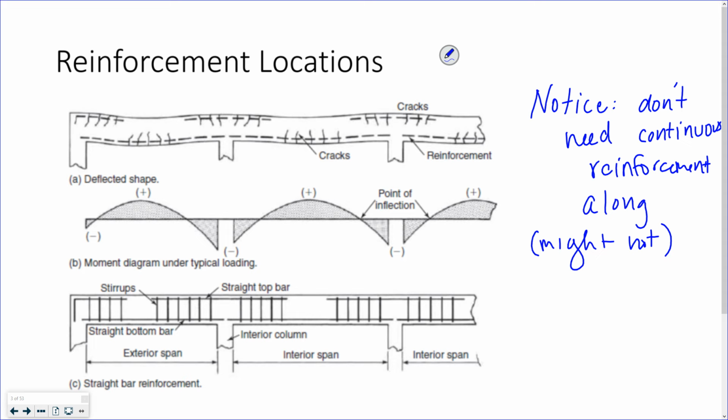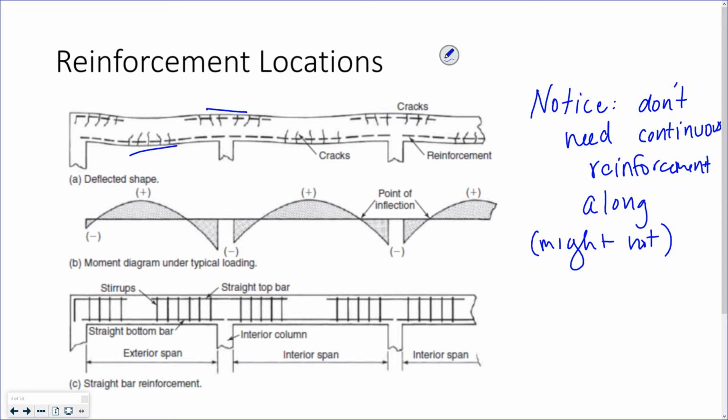So the top, we have our deflected shape. Okay, it's going to crack at midspan in the bottom and over the columns at the top. This is our moment diagrams. We all remember those from structural analysis.